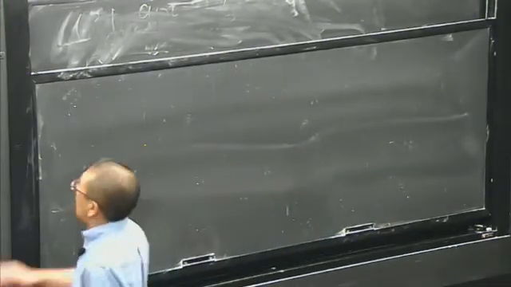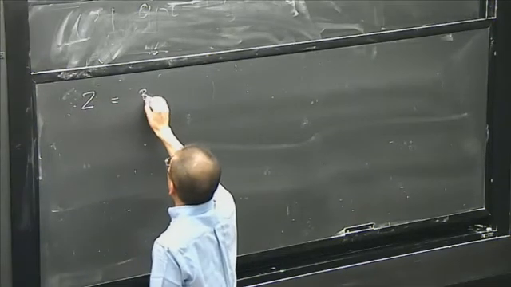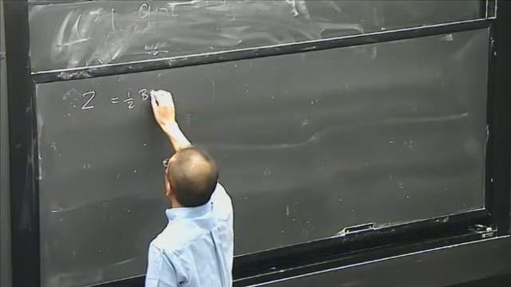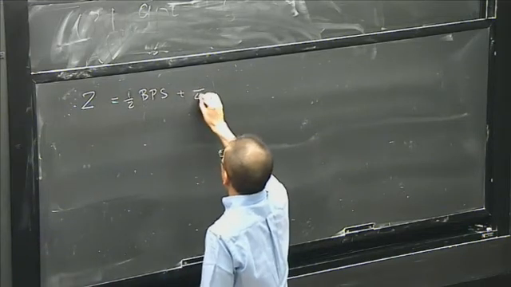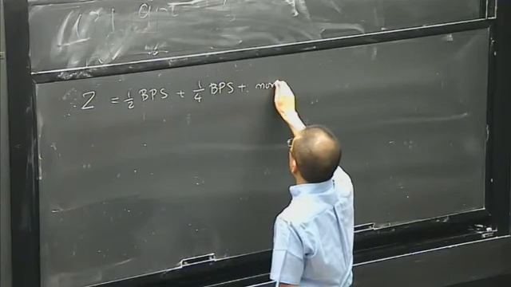Basically, we are interested in computing the partition function, which is the sum of the half BPS part, the quarter BPS part, and the non-BPS part.